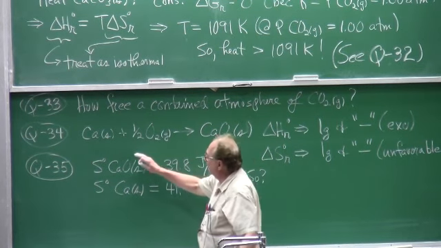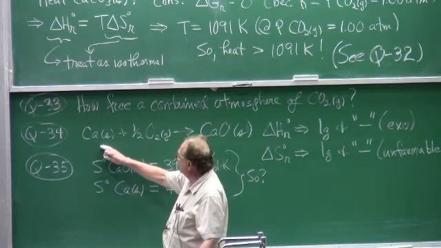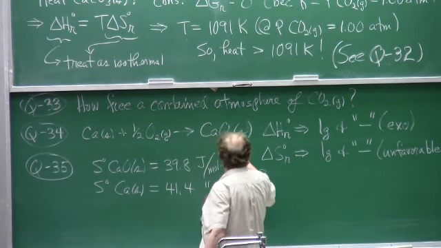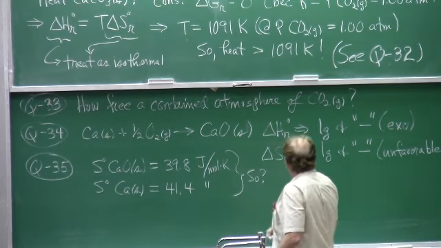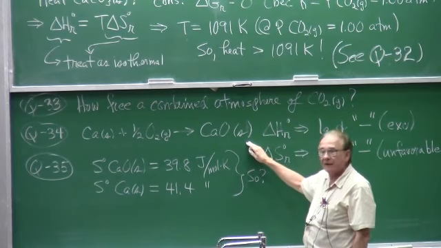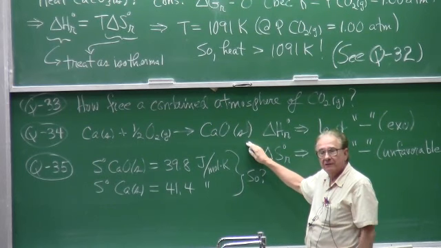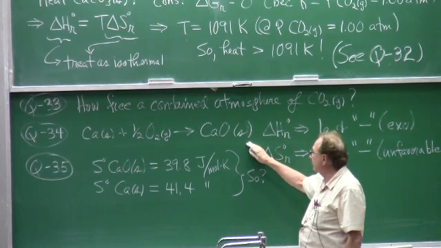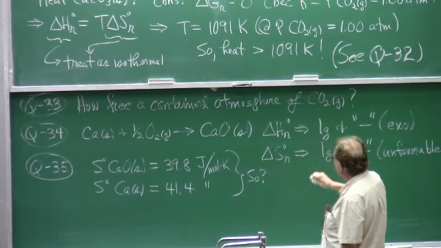Now, a brief peek at the reaction of calcium metal, calcium element, combining with oxygen to make calcium oxide. This reaction has a delta G zero value, which is large and minus, spontaneous, at standard state conditions.